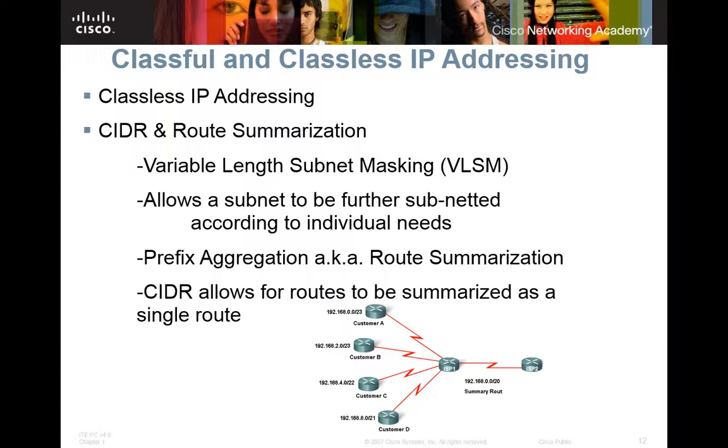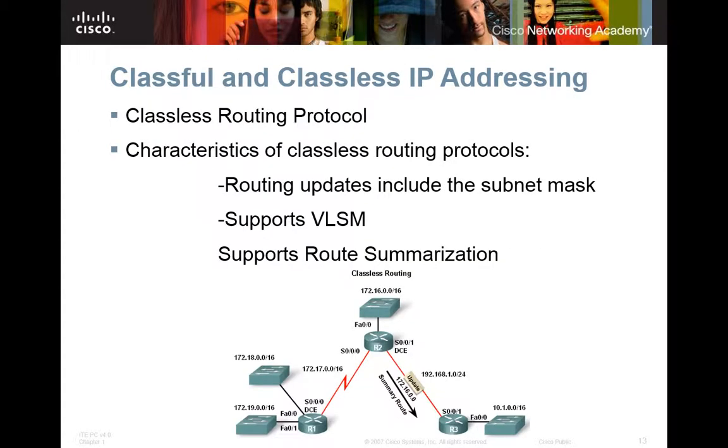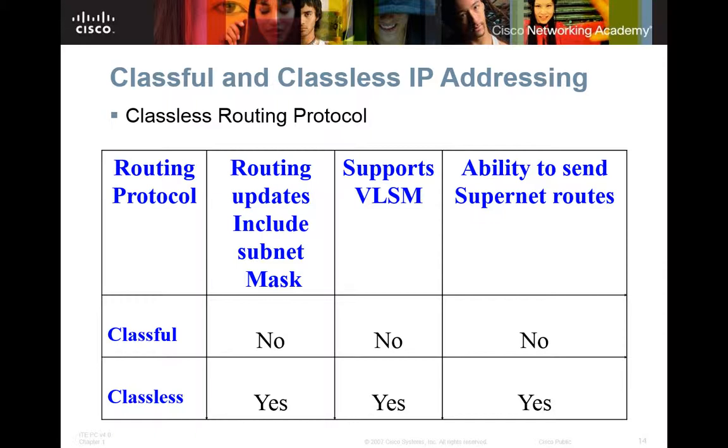That's what VLSM is. That's why I wanted to teach this before we got into static routing. I don't know why I didn't. And that helps you with your route summarization. What is route summarization? It just means here's the list of all the routes that my router goes to. Classful: do you include the subnet mask? No. VLSM? No. Ability to send supernets? No. If I'm going to do classless, you bet your sweet bippy I better be able to do it.